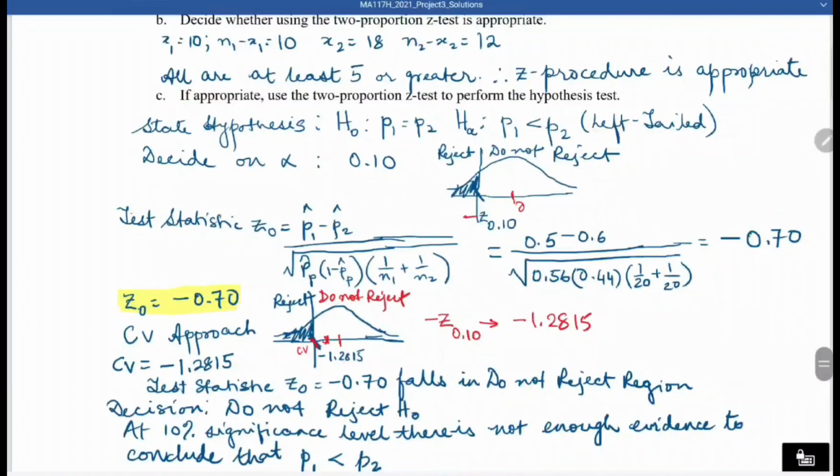But because this is a z procedure, you're referring to the z table, you should be able to get the exact p-value from the table, because the table has a complete list of the z distribution. Keep in mind, we are looking for the p-value to the left of wherever your z of negative 0.70 falls.